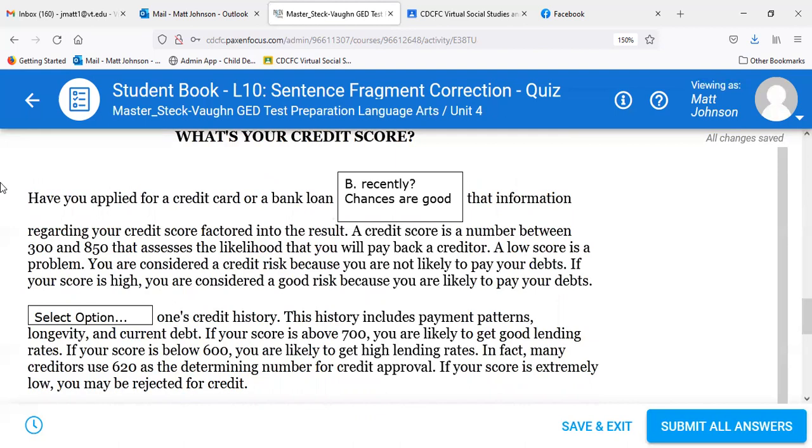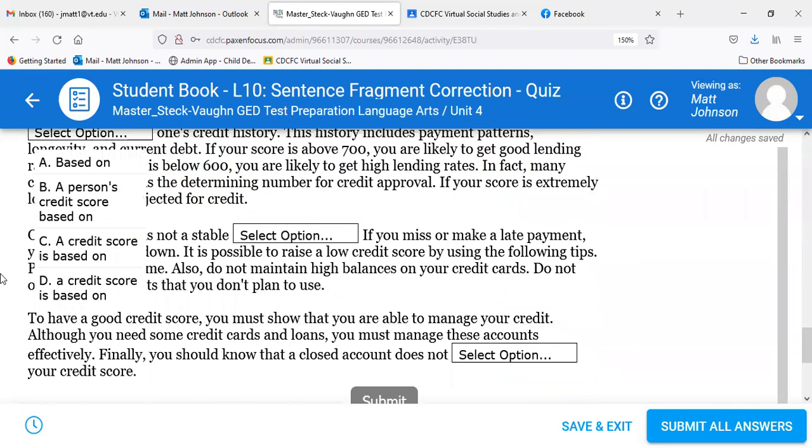A credit score is a number between 300 and 850 that assesses the likelihood that you will pay back a creditor. A low score is a problem. You are considered a credit risk because you are not likely to pay your debts. If your score is high, you are considered a good risk because you are likely to pay your debts."